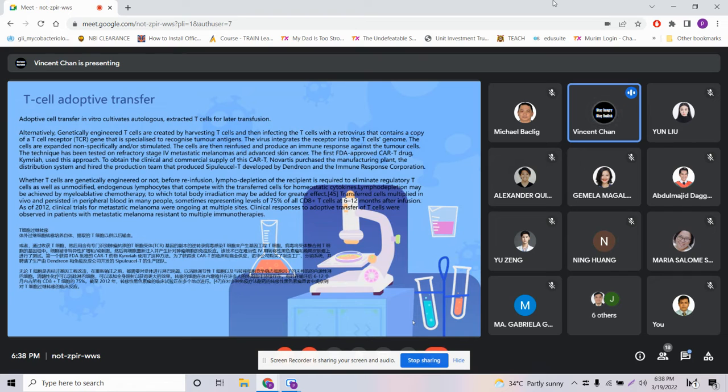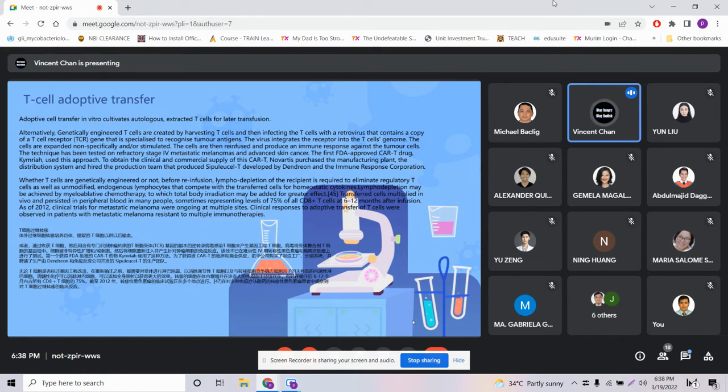Using this approach to obtain the clinical and commercial supply of the CAR-T, Novartis purchased the manufacturing plant, the distribution system and hired the production team that produced the therapy developed by Dendreon and the Immune Response Corporation.